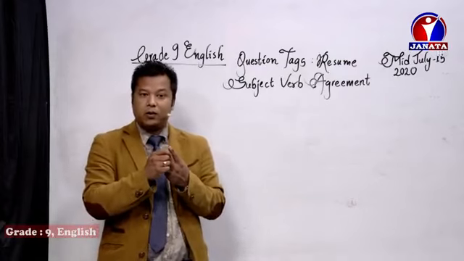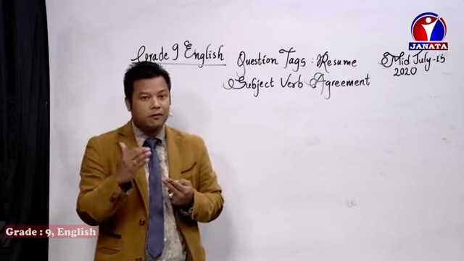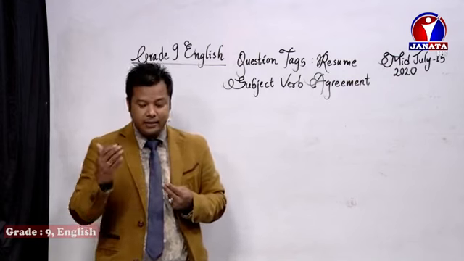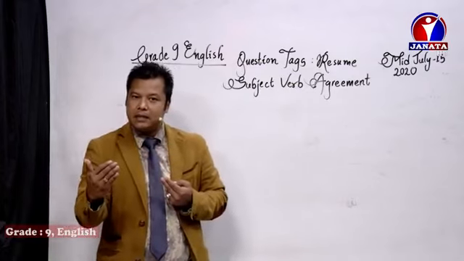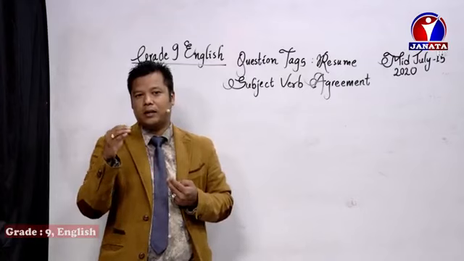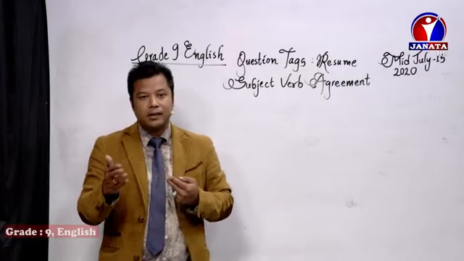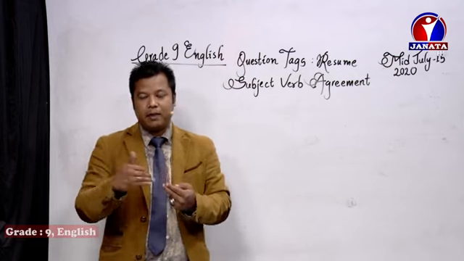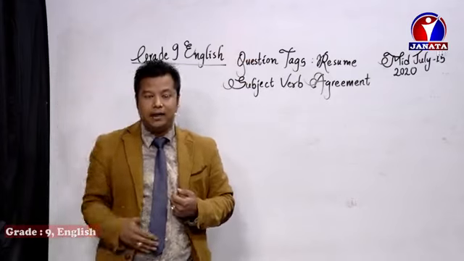I also explained the intonation that people prefer to use, the rising and the falling intonation, for tags. When you're using an assertive sentence, speaking statements, I prefer to use the falling intonation. You are listening to me. That's how I say it. But if I'm going to make a question, I would use a rising intonation.